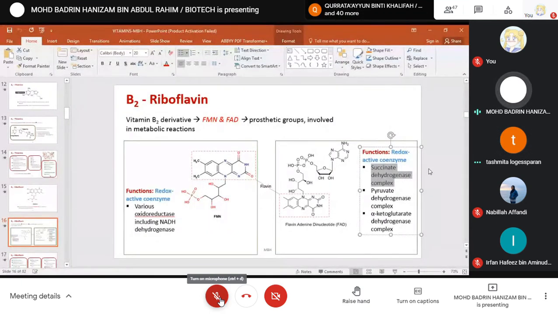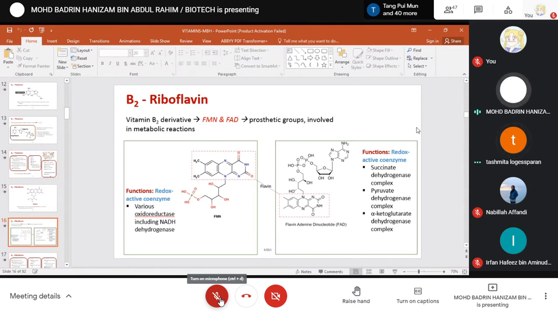All right, so where can you find this succinate dehydrogenase complex? I think in the citric acid cycle and electron transport chain. All right, thank you very much. I hope all of you know the succinate dehydrogenase complex, citric acid cycle, ETC pathway.